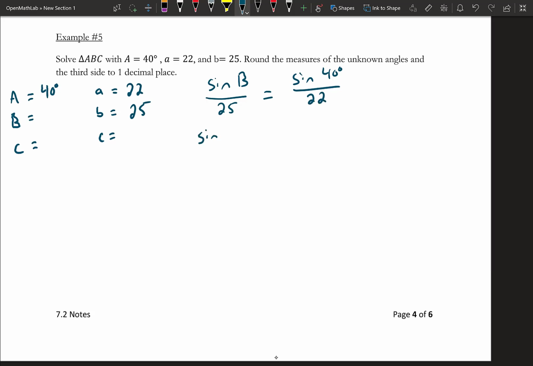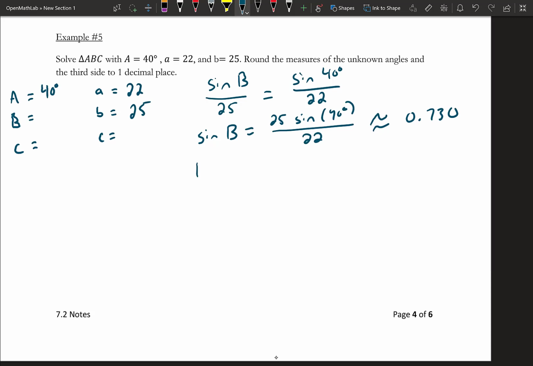So sine of B is going to equal 25 times sine of 40 degrees divided by 22, right? And if you put this in your calculator, 25 times the sine of 40 divided by 22, that comes out to be approximately 0.730, right?